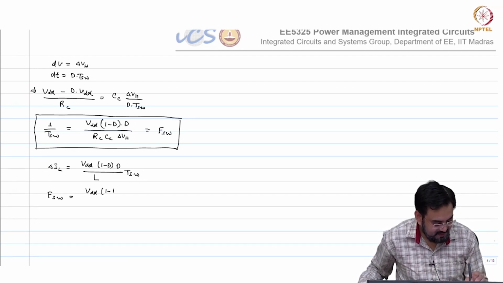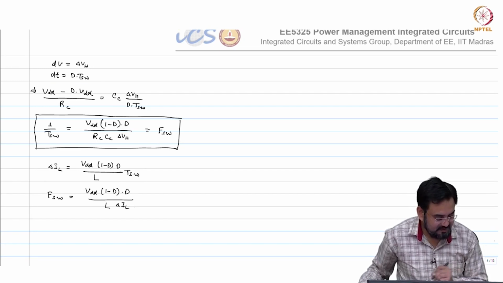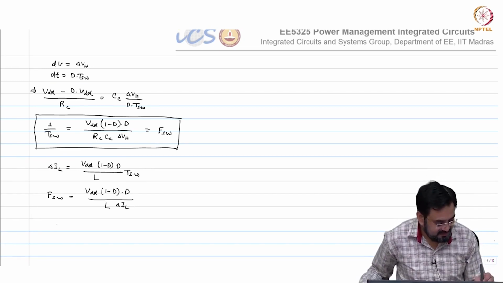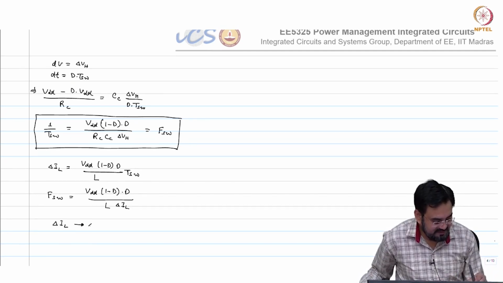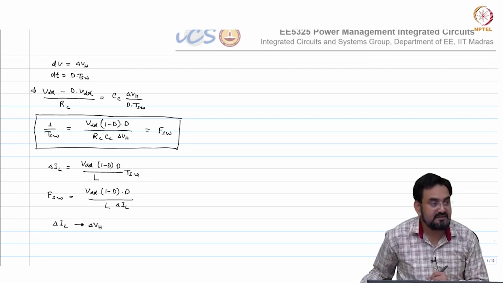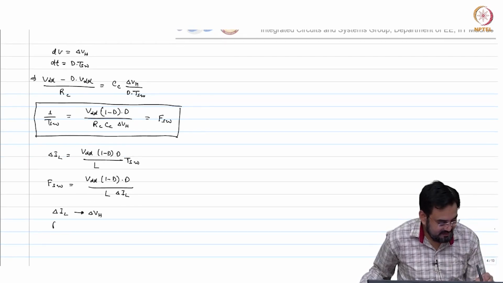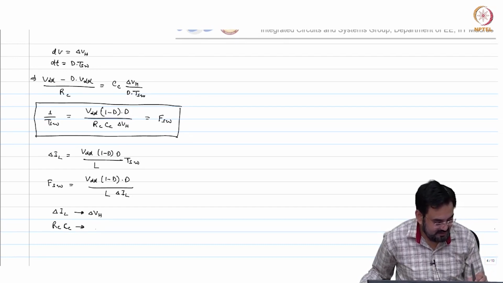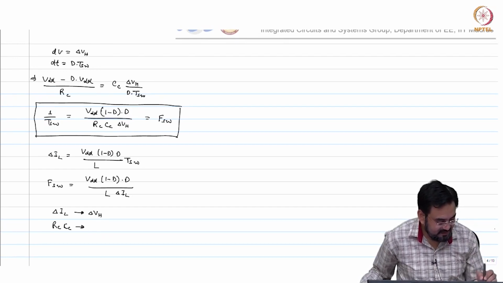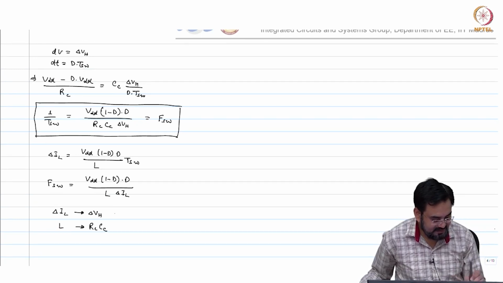VDD 1 minus D into D over L delta IL, which means delta IL is replaced with delta VH, and L is represented by RC CC.